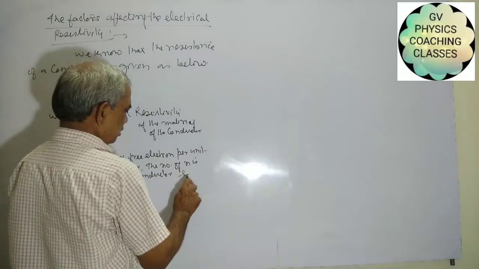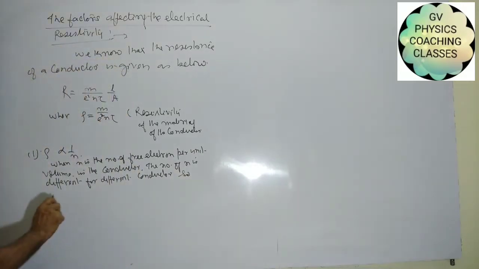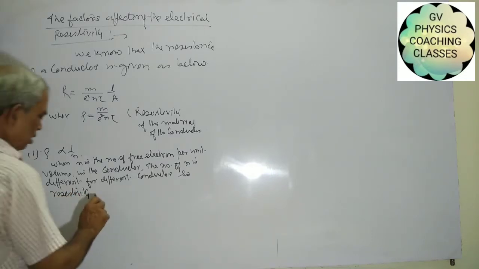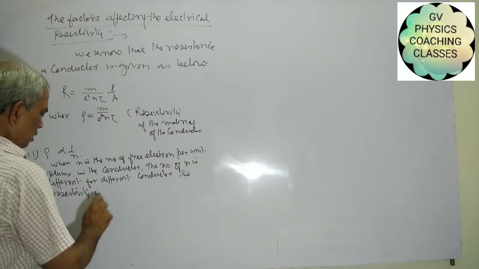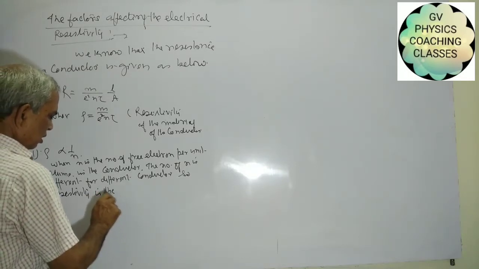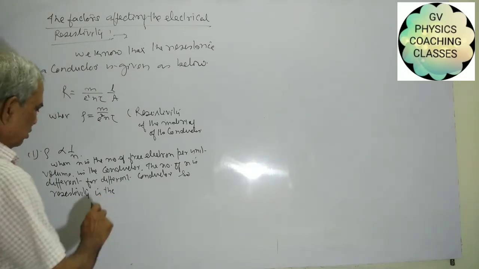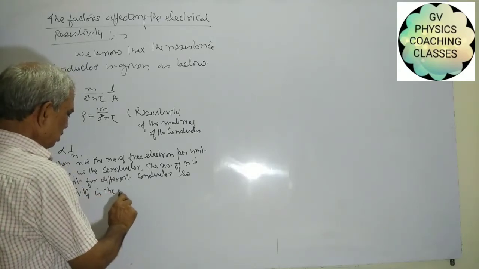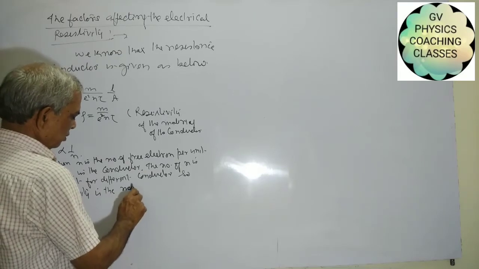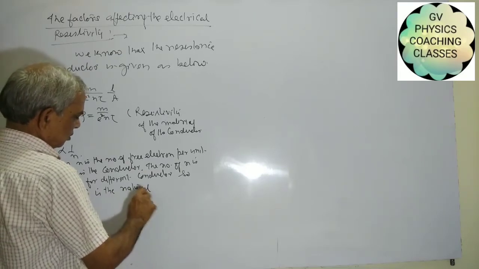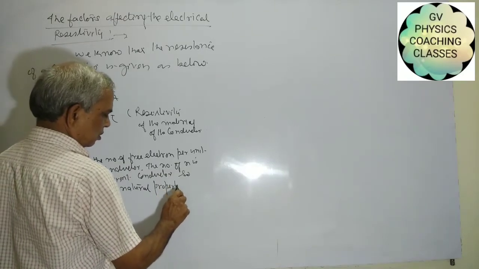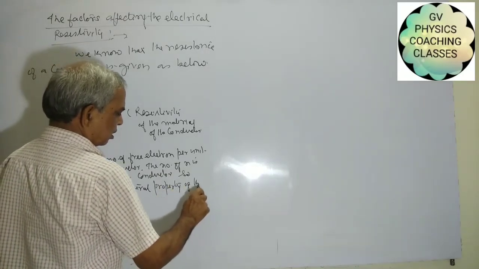So resistivity is a natural property of the conductor.